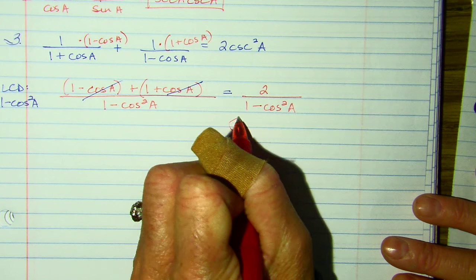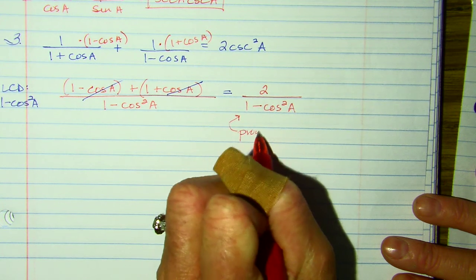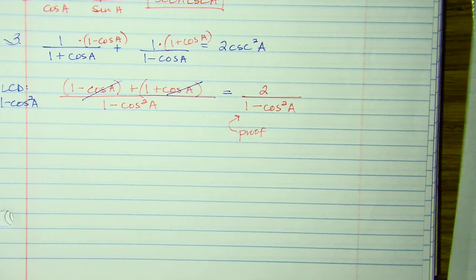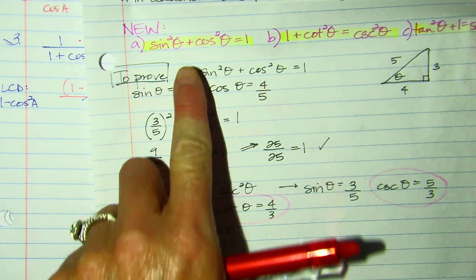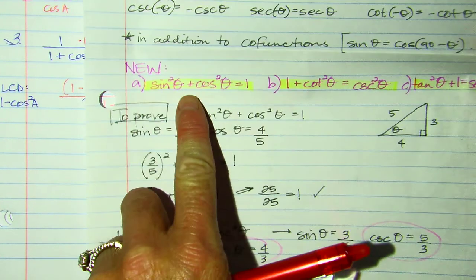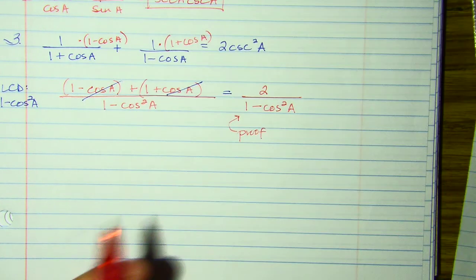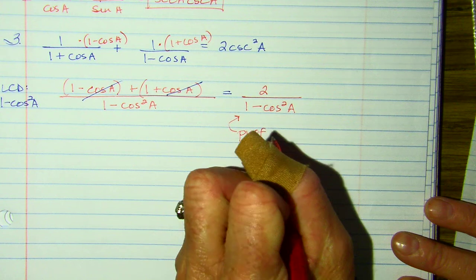Now this guy right here is from proof A. If I subtract, then this just equals the sine squared.